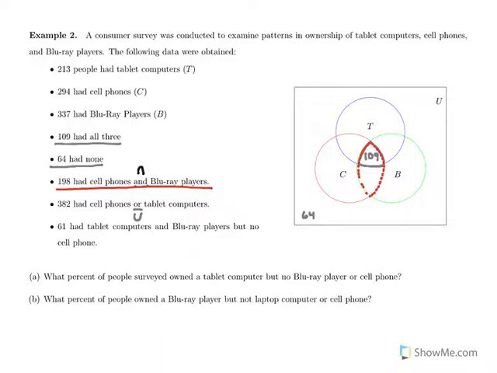That's the intersection of C and B. That whole thing is going to be 198, but we're only looking for the chunk that is not in the intersection of all 3, this area right there. So to find this area, we can do 198, which is going to be in that total wedge, minus the 109 that's in all 3, and that will give us 89.